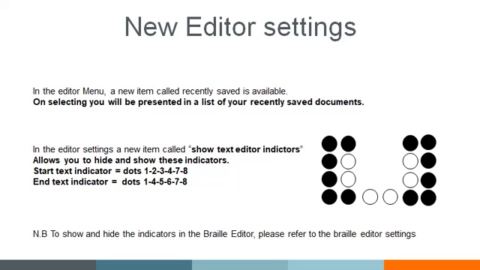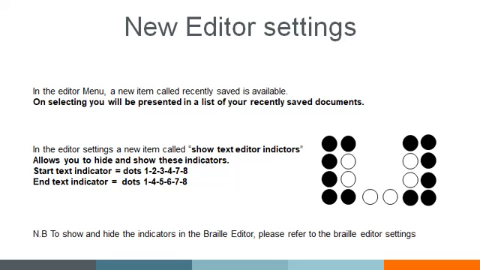This is solely for the editor when you're creating new files. This will also apply to the braille editor, which is a long-awaited feature in version 2.0. The braille editor will also respect this setting when you turn those indicators off.